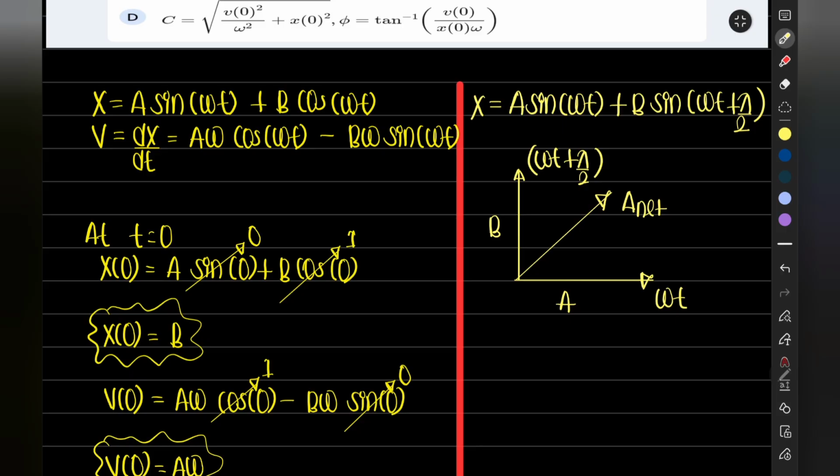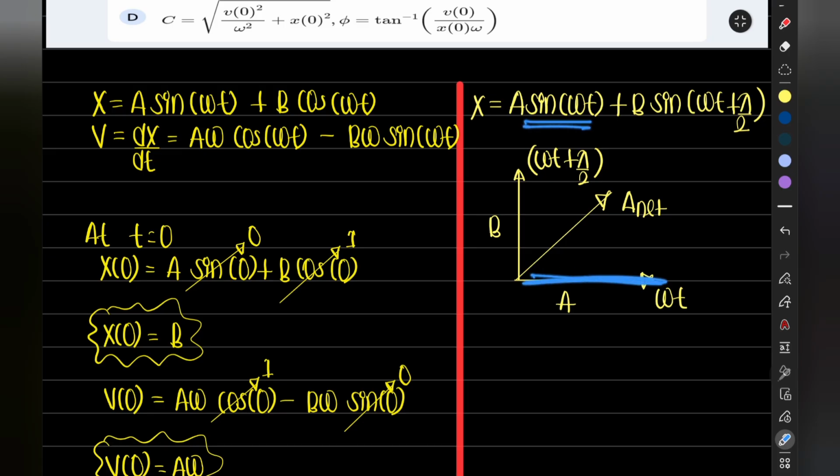Sine omega t is along the x-axis, and when I add 90 to it, that is 90 plus omega t, I get b. So I have drawn this phasor diagram.